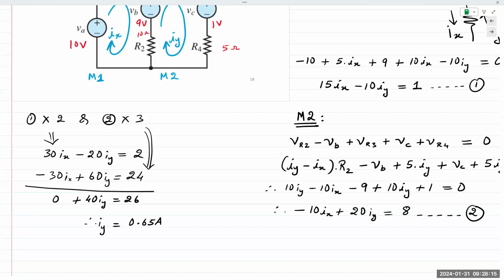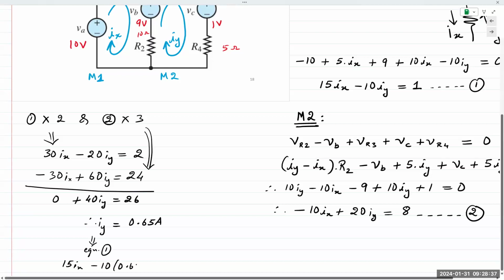And then you plug this into any one of the equations, either 1, 2, 3, or 4. Let's see, if I plug this into equation 1, I get 15 times IX minus 10 times 0.65 equals 1.